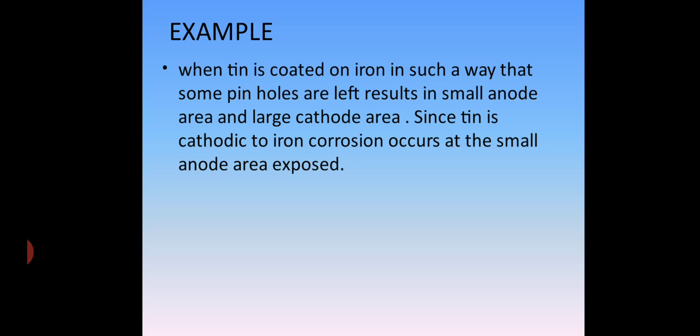But while giving the coat, if there is a small hole on the surface in the coating, then that particular hole portion acts as the anodic portion. That means the iron will be exposed to moist air and all. So with a small anodic area and a large cathodic area, there will be severe corrosion.